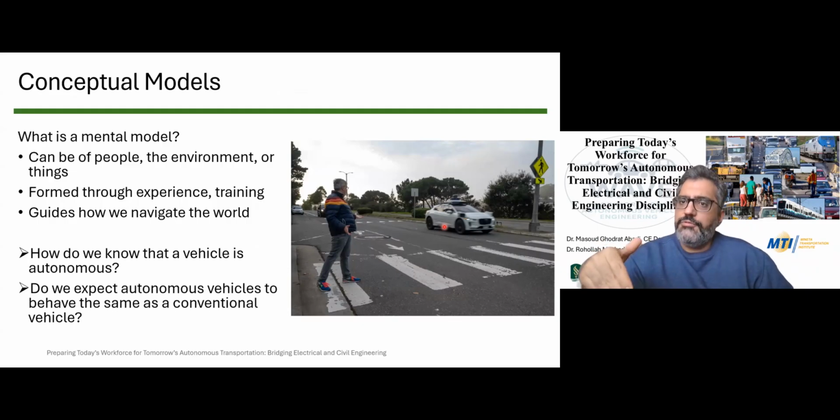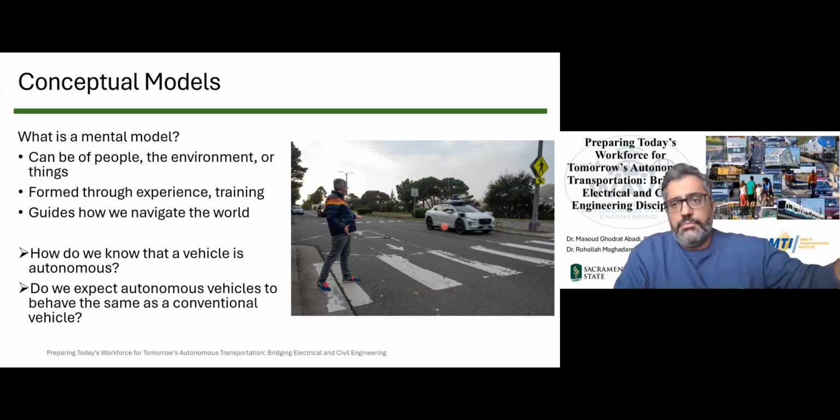Like when you arrive at an intersection, let's say today you are riding your bike or you're walking and you arrive at an intersection and there is a vehicle at the stop sign. You will have some tools, some means to communicate with the driver. You make eye contact, right? You will wave hands to identify, okay, I saw you. You can go, you can cross.